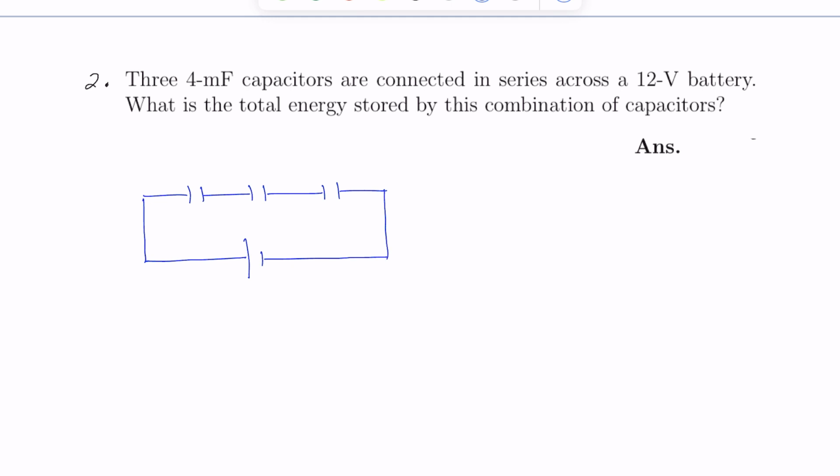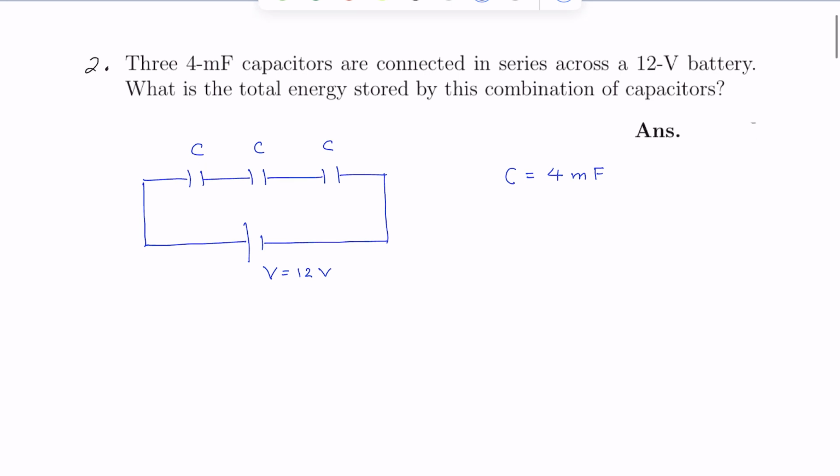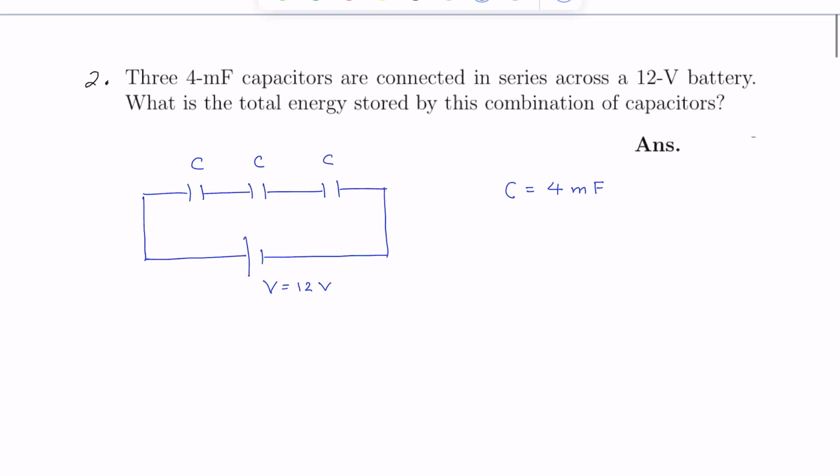3 capacitors are connected. They have equal capacitances, so I'm going to call each of those capacitance C, 4 millifarads. So it's C here, and C here, and this is V equals 12 volts. What is the total energy stored by this combination of capacitors?